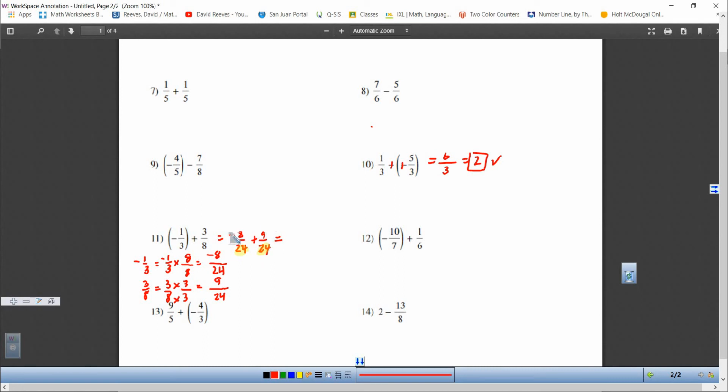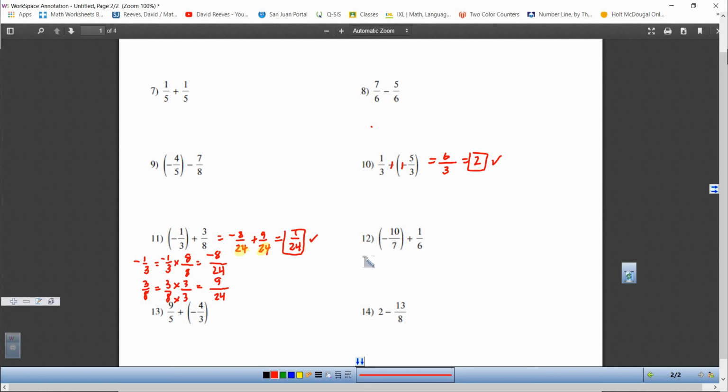Do I have more positives or more negatives here? Well, 9 is a bigger number than 8 when I take the absolute value. So I have one more positive. So my answer is a positive 1/24. A positive 1/24.